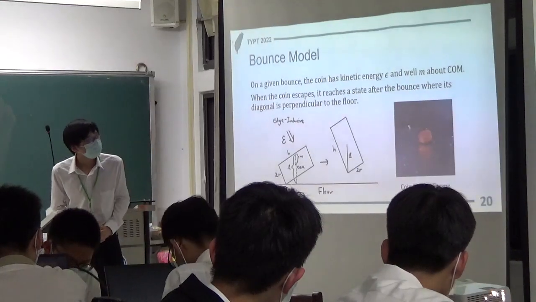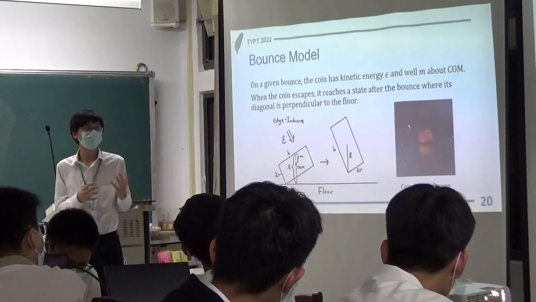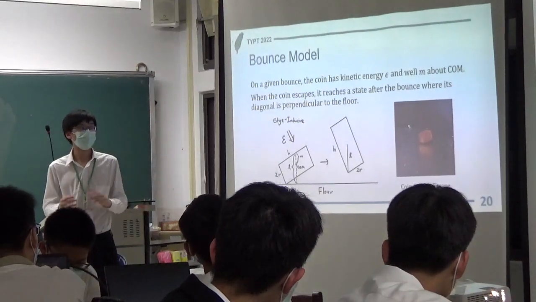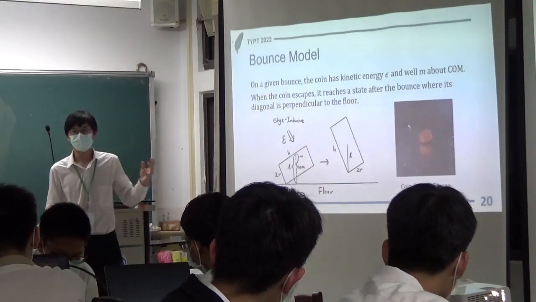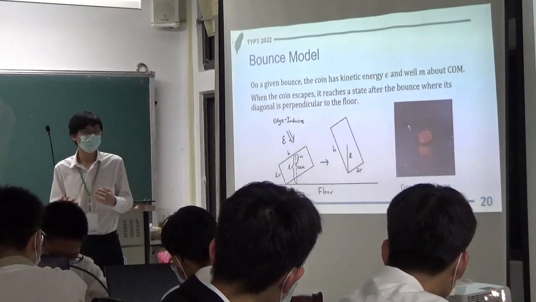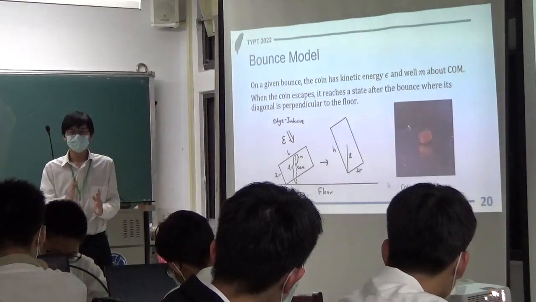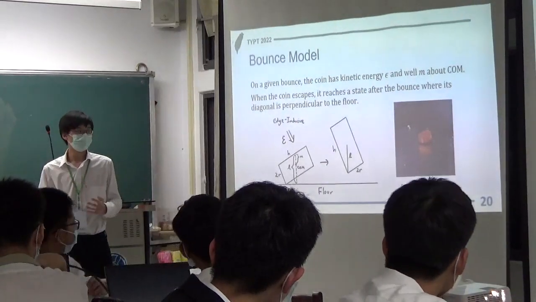And on a given bounce, a coin has a kinetic energy, we'll call that epsilon, and a well, m, about the center of mass. And we'll define the well as the amount of energy the coin needs to overcome in order to get to this middle state. And in this middle state, its diagonal is perpendicular to the floor.